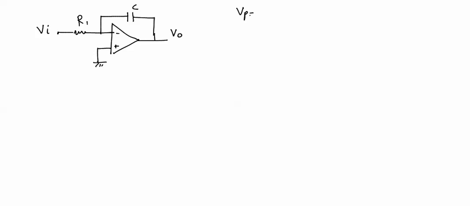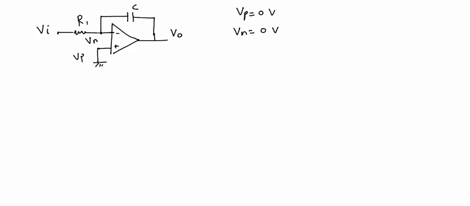Consider the same circuit. Now we know that Vp equal to 0 volt, this potential Vp equal to 0 volt, so this potential Vn will be equal to 0 volt according to virtual short concept.